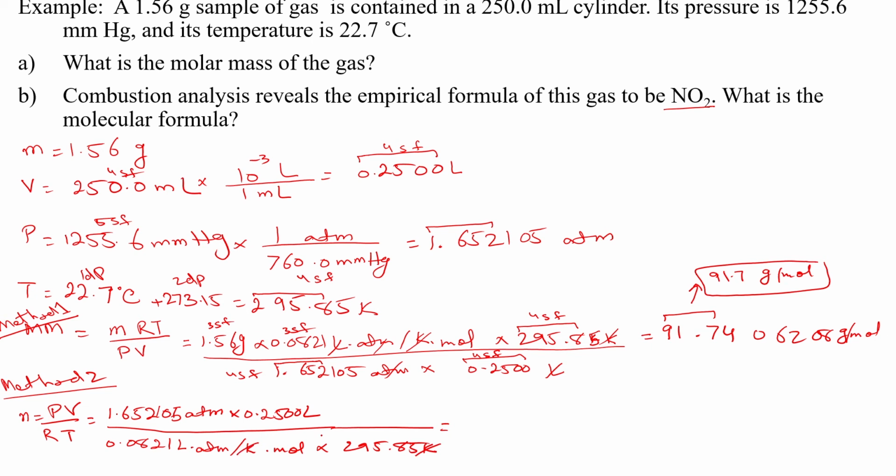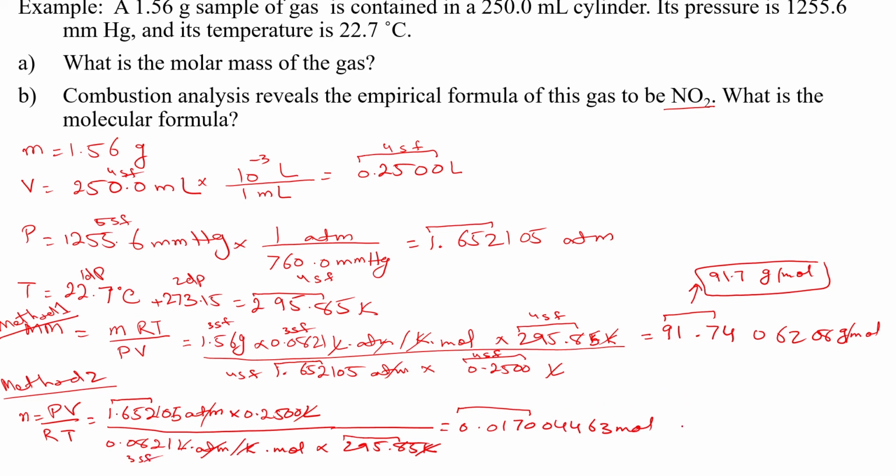Kelvin is cancelled, atmosphere is cancelled, liter is cancelled, and you get moles. You will be rounding it to 3 sig figs, which is the lowest number of sig figs from here. So these are your number of moles.